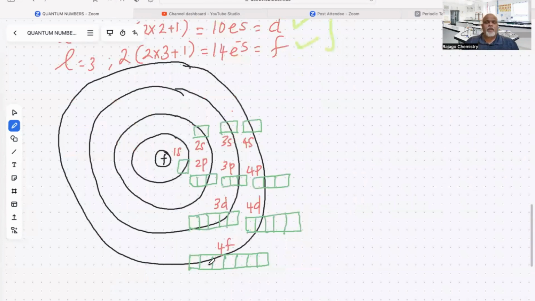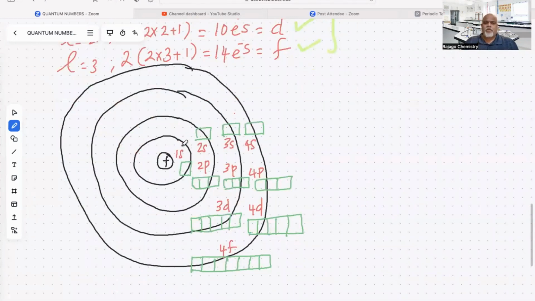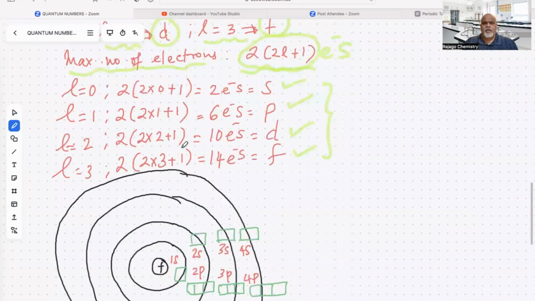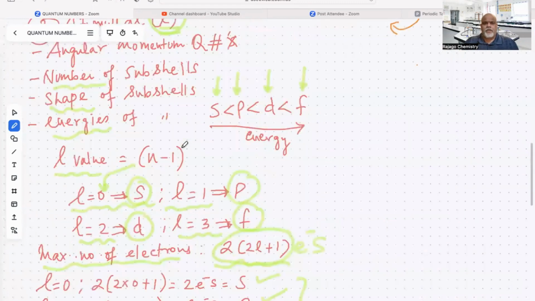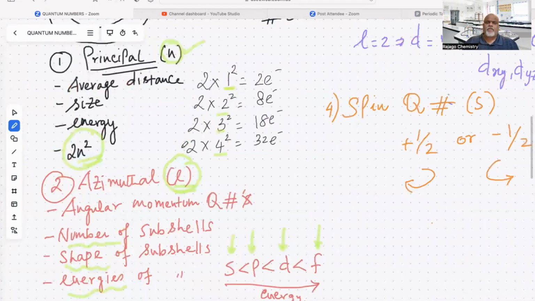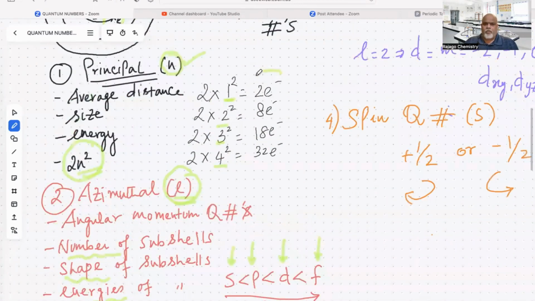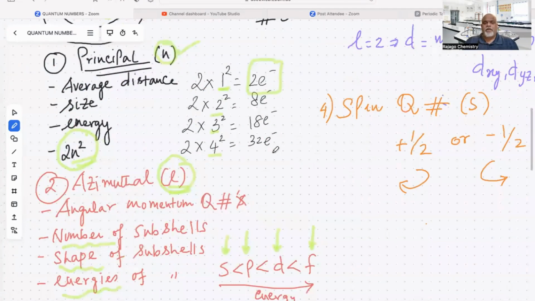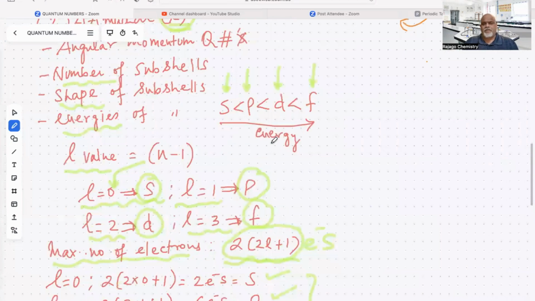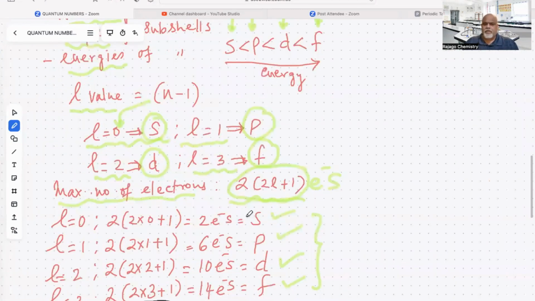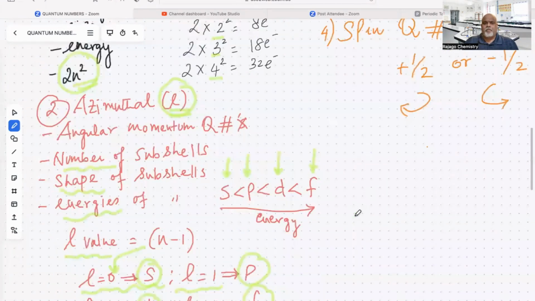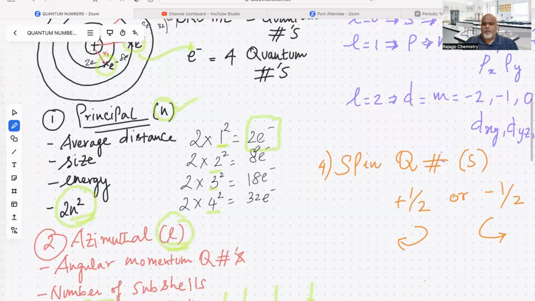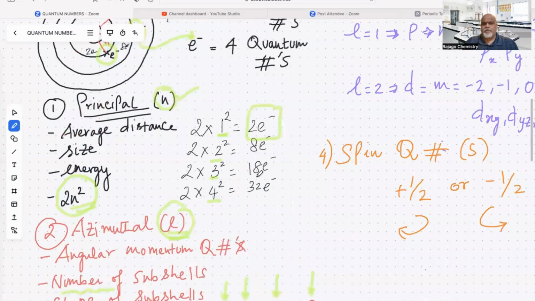So eventually where we are coming to, in the first shell, you have only 2 electrons possible. That means in the S, you have only 2 electrons possible too. But in the second shell, you have 8 electrons possible.